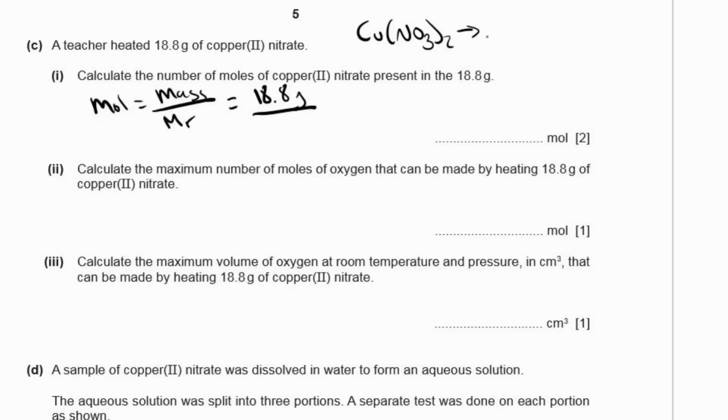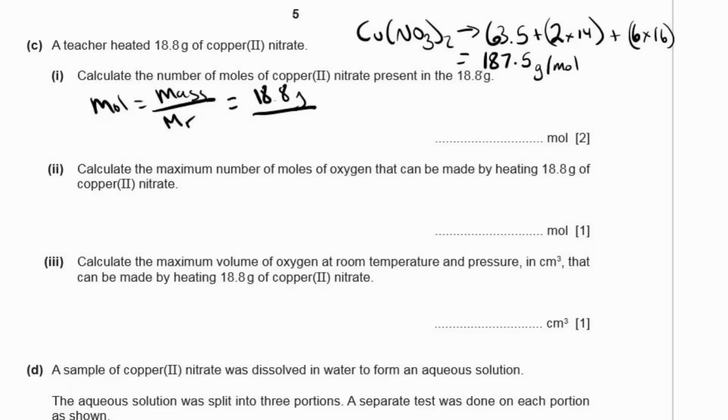So we have 1 copper, so that's 63.5, plus, how many nitrogens do we have? We have 2 nitrogens. That's 2 times 14 for nitrogen, plus we have 6 oxygens. 3 times 2 is 6 oxygens. So that's 6 times 16. And if we calculate that out, we get 187.5 grams per mole.